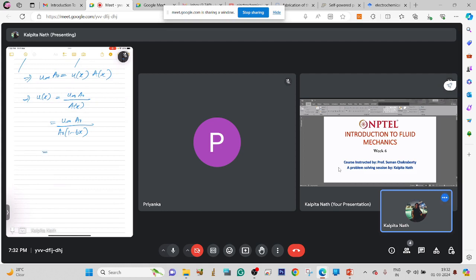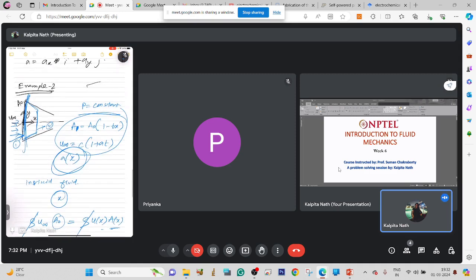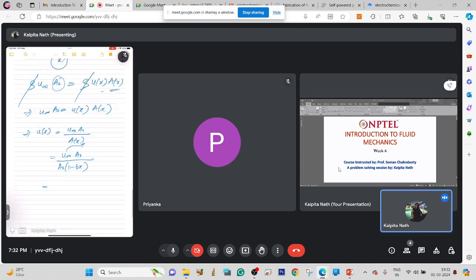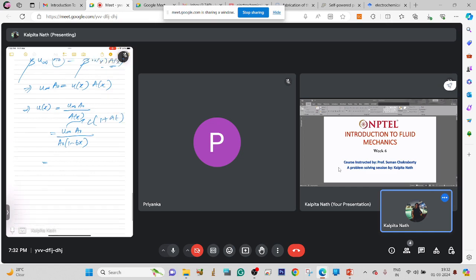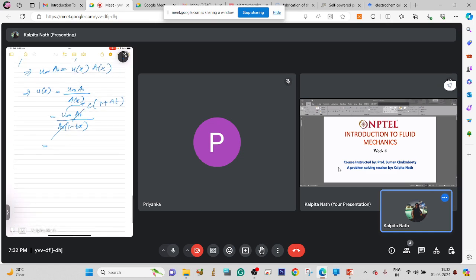And u infinity is given as c into 1 plus at, a function of time. This a naught will get cancelled out, so ux will come out to be c into 1 plus at upon 1 minus bx.